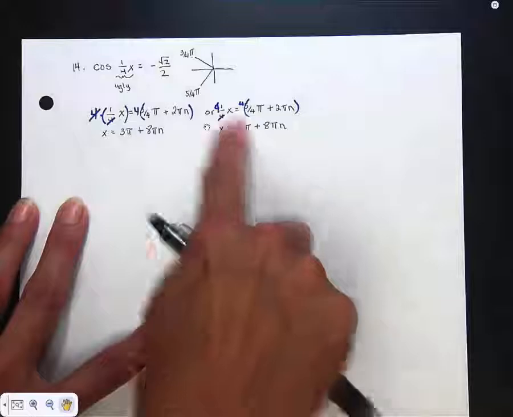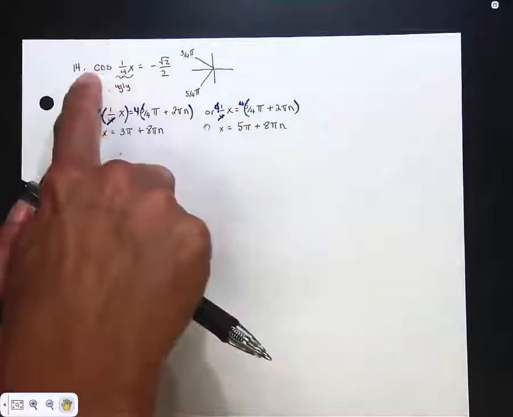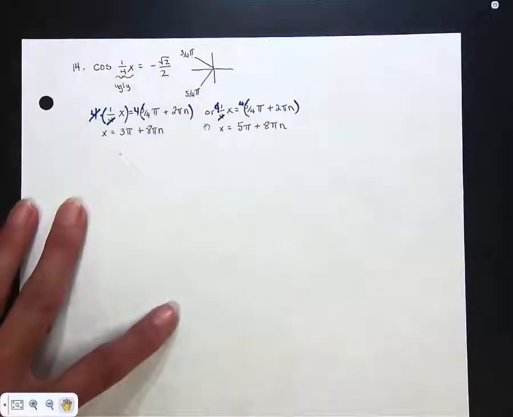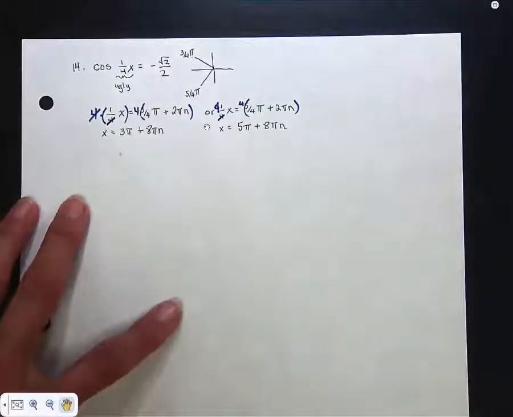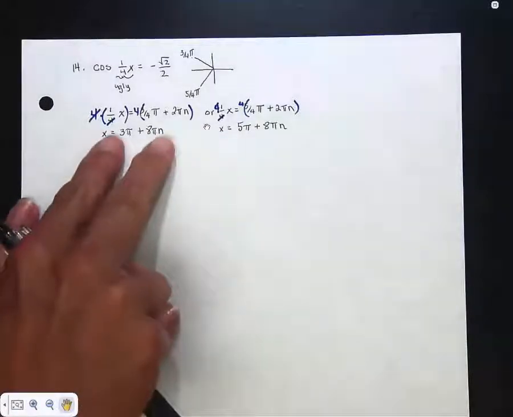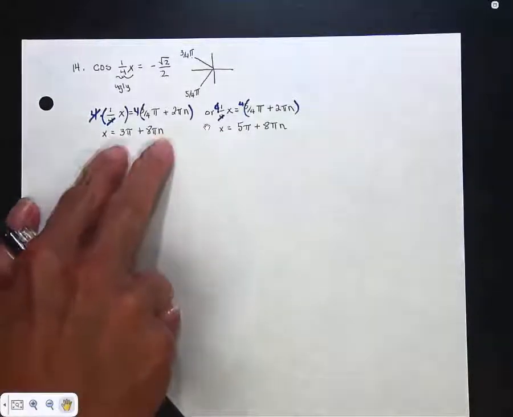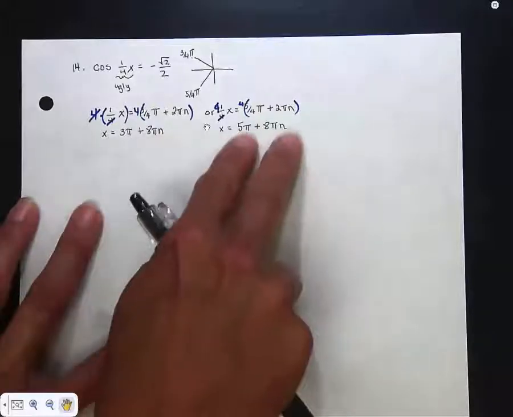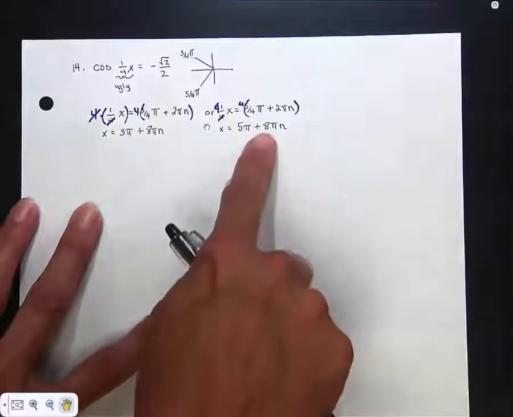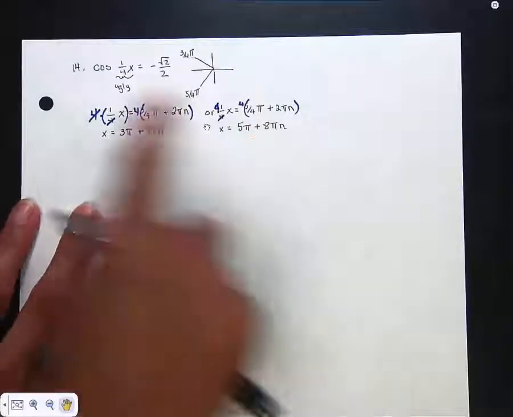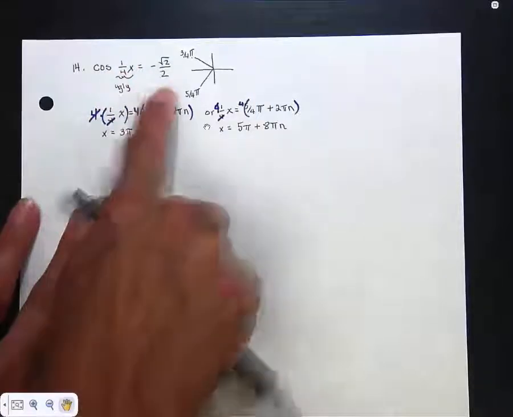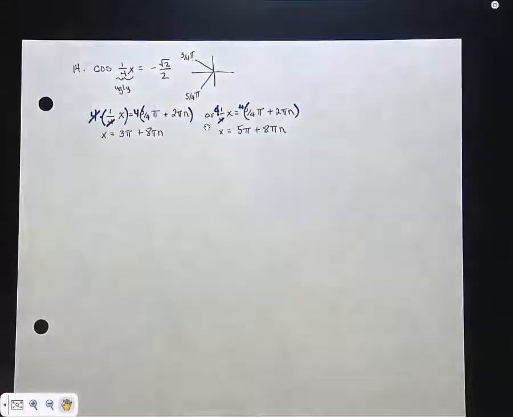If we put 5 pi in place of x, we'd have cosine of 5/4 pi is negative square root of 2/2, and that is also true. Then we could let n be 1, and we'd have 11 pi here and 13 pi here. You could verify that both 11 pi and 13 pi are angles whose cosine of 1/4 of that is negative square root of 2/2.